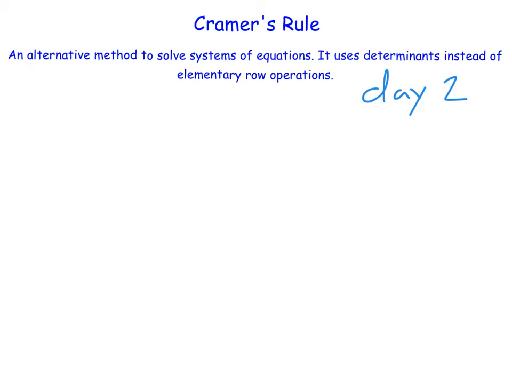Earlier in section 1 I showed you 4 equations with 4, but I'd already told you that's an extra credit topic come test time. But we got to nail the 3 equation, 3 variables. And we use elementary row operations to do that, and it can be a little bit tricky. This is a way to solve those kinds of problems using determinants instead.